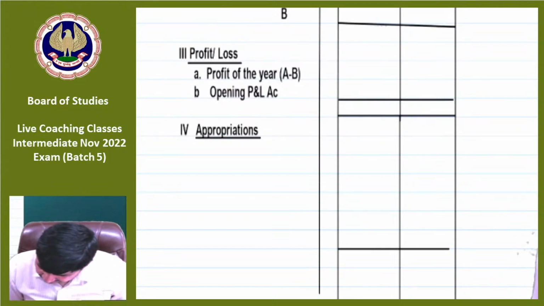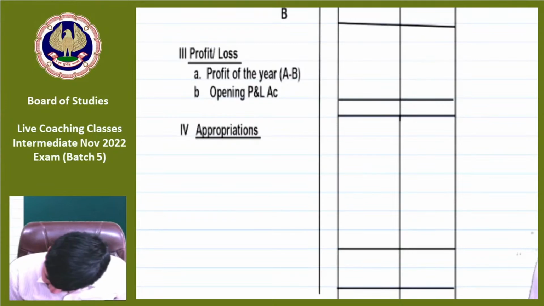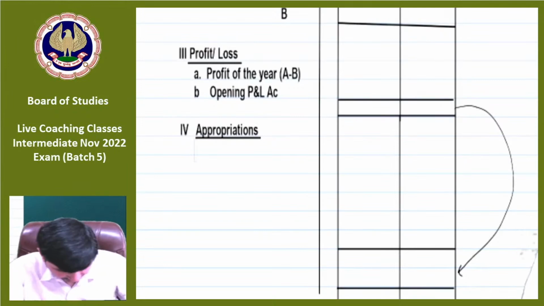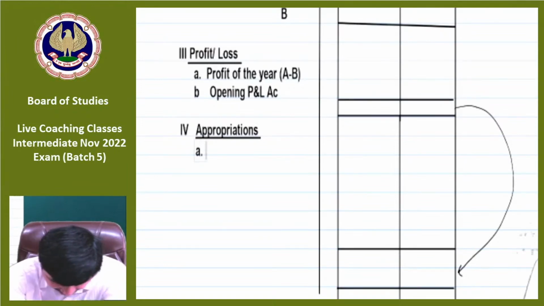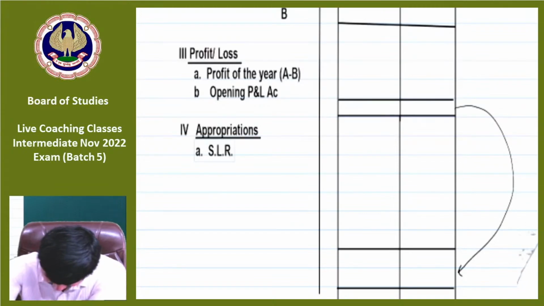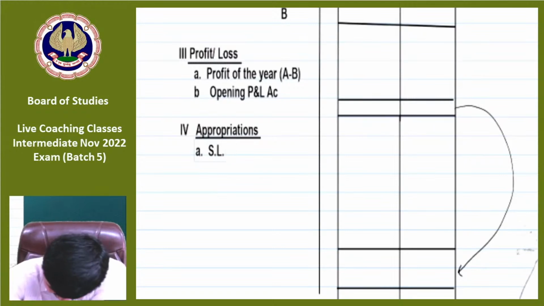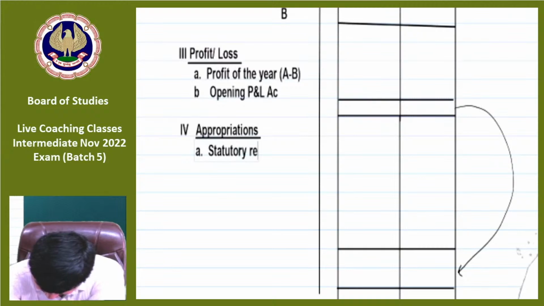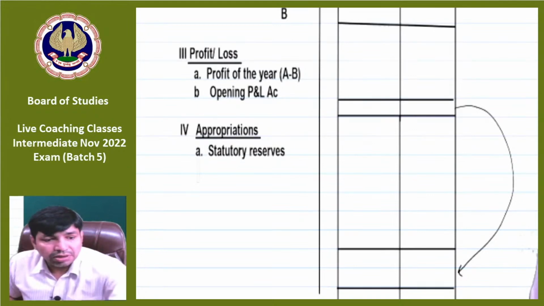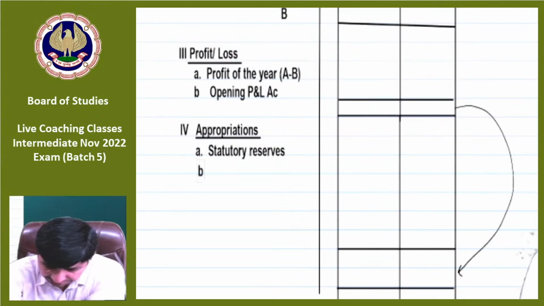Okay, this will be same figure. Okay, beta. First we have to decide what kind of appropriations are there. Statutory, or you can say SLR. Directly say as per the question word, use the same word. Statutory reserve, statutory reserves.